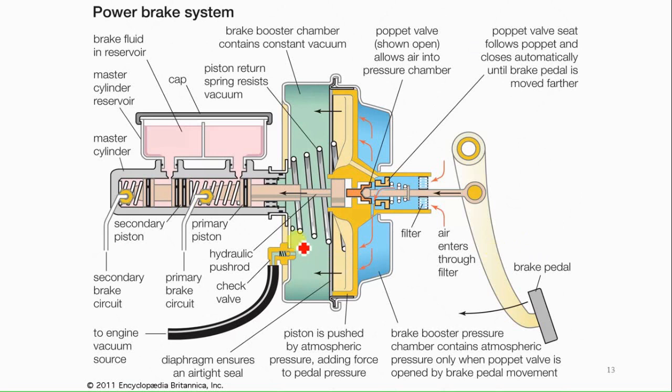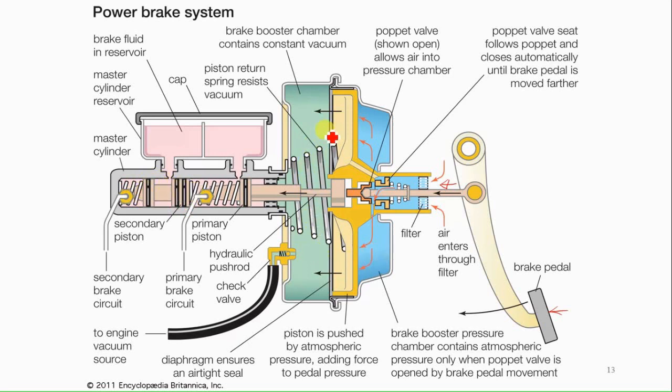Now you can see here the basic construction of the power booster, sometimes called the vacuum power booster. I've already explained that whatever effort is given here is magnified here, and this is further magnified with the help of the power booster. Ultimately the high force is utilized for developing the pressurized fluid.